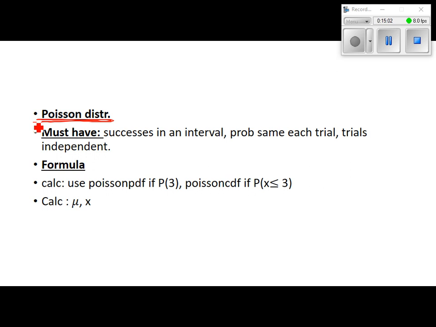Poisson? I don't remember ever saying it that way. I remember him saying poison the first day, then I looked it up and it was Poisson. This is what you said last time too. So Poisson, is that it?